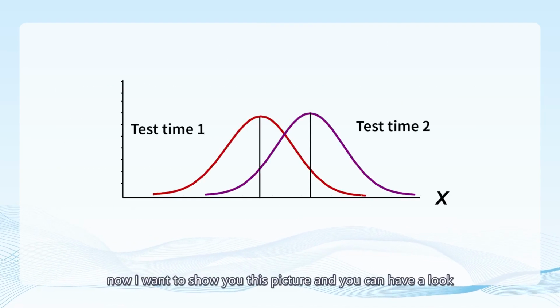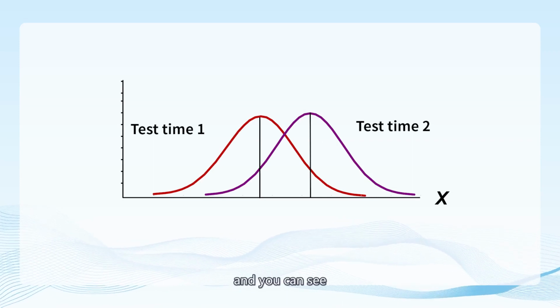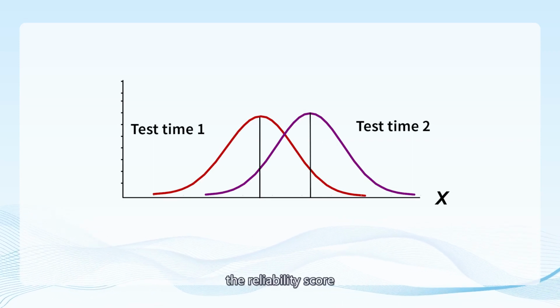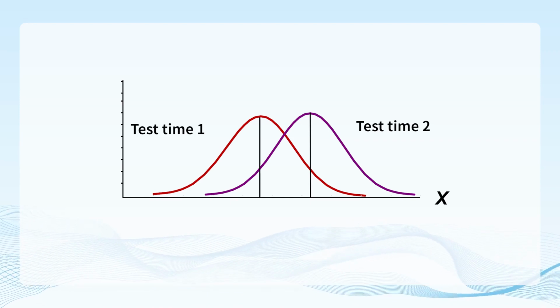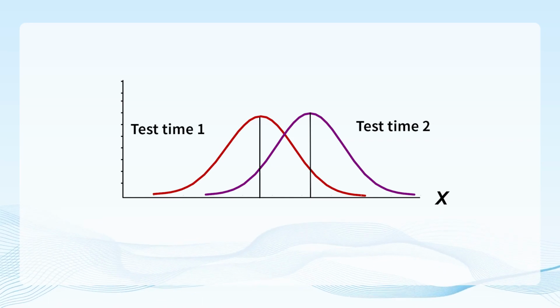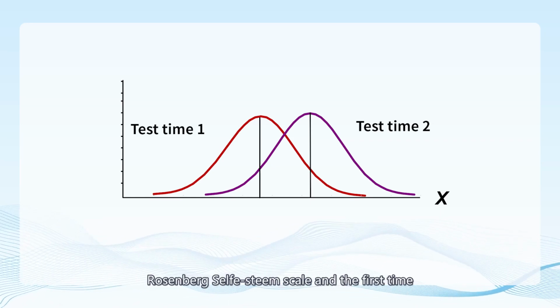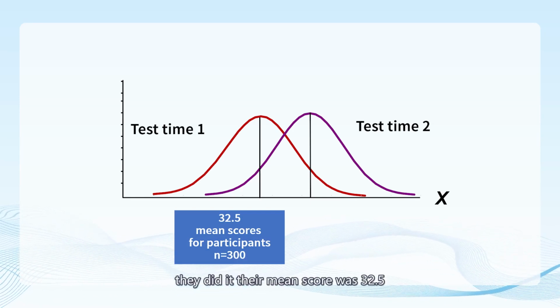Now, I want to show you this picture, and you can have a look and see the reliability score. Many years ago, when I was teaching in Hong Kong, I got 300 students to do the Rosenberg self-esteem scale, and the first time they did it, their mean score was 30.5.